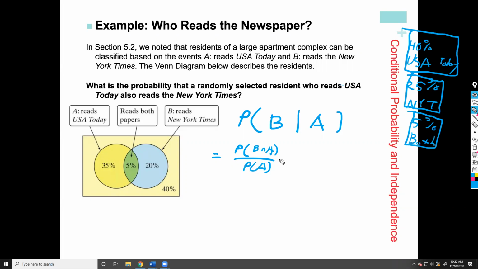But I think it's easier to think about it just in terms of the given, instead of trying to memorize a formula. The idea is that the given goes on the bottom. So I already know that they read the USA Today. So I'm only looking out of this group that reads the USA Today.